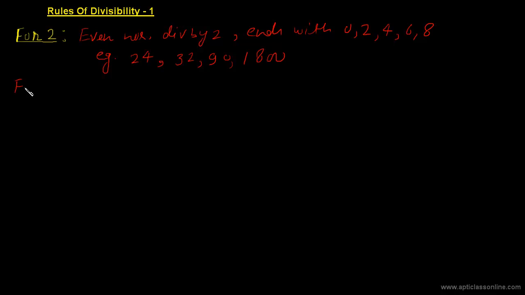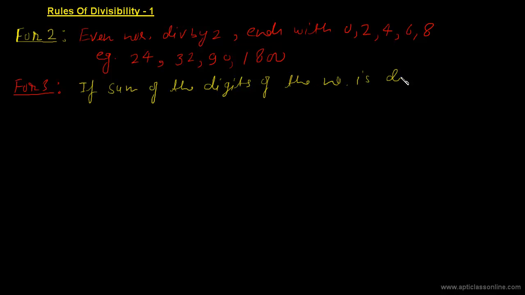What is the rule for 3? The rule for 3 is, if the sum of the digits of the number is divisible by 3, then the number will also be divisible by 3.